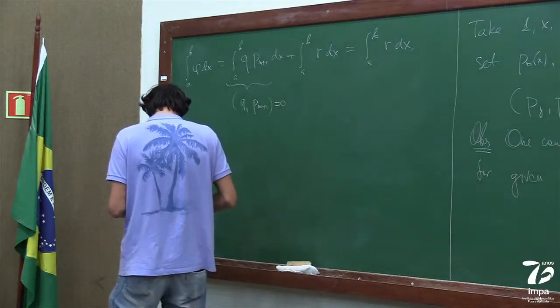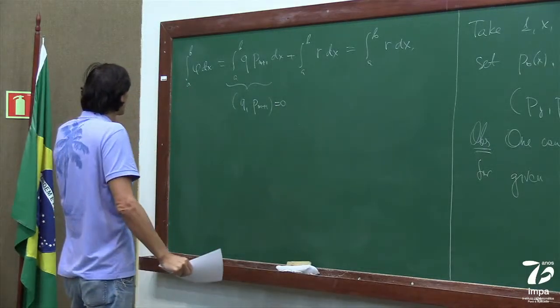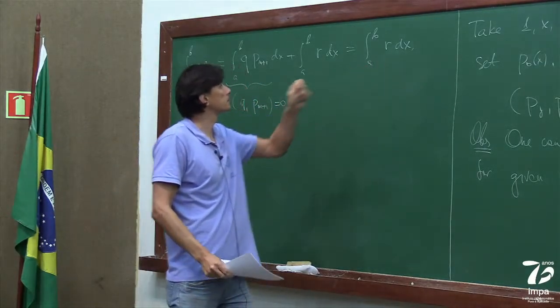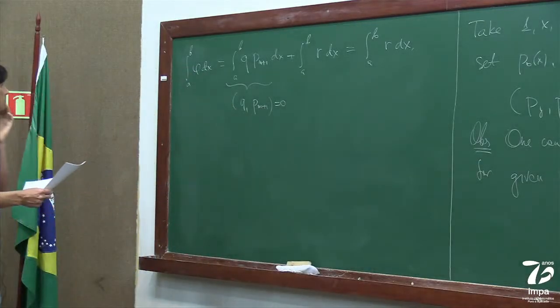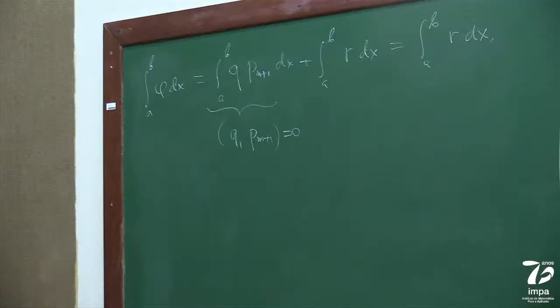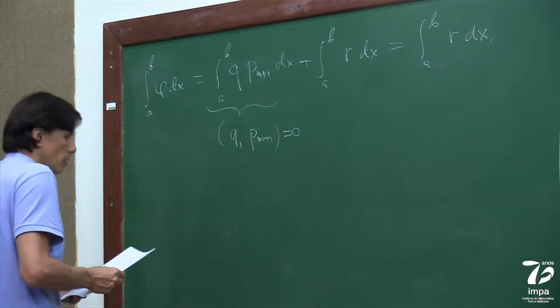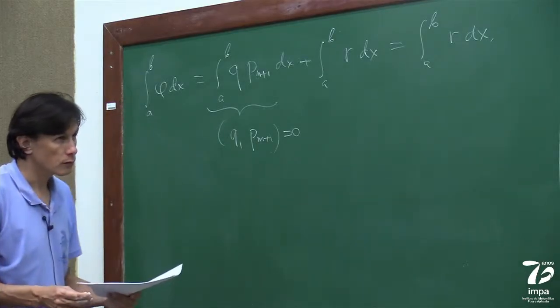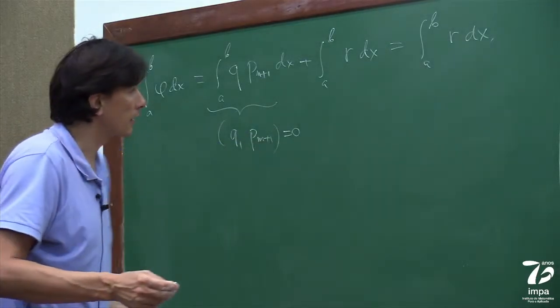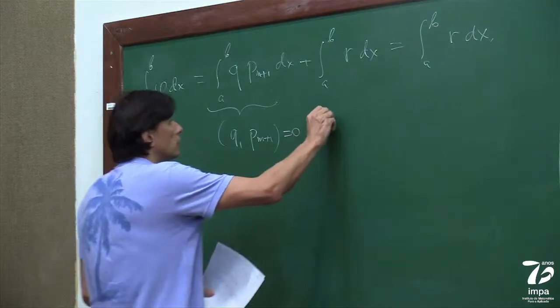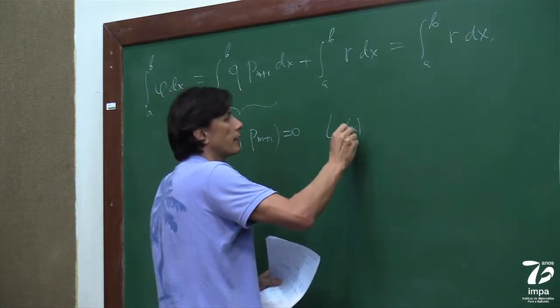So we only need to prove that this remainder has the correct value. Now, remember these Lagrange polynomials lj of x.